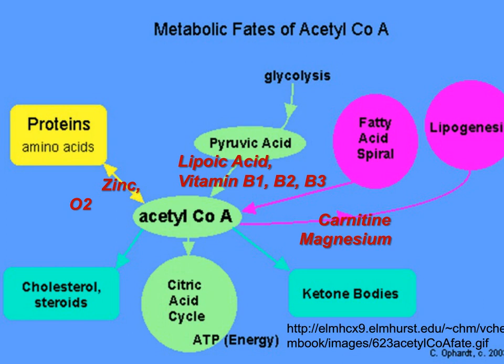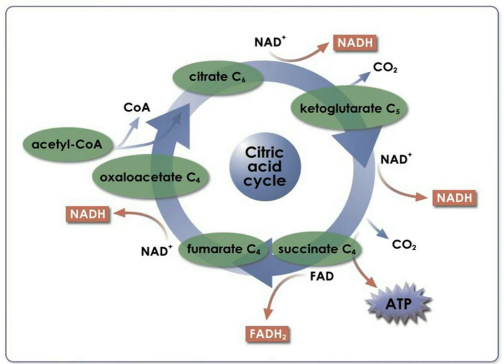We can enhance our energy production by making sure that we have adequate carnitine, for example, or if an individual is overweight and trying to lose weight, it would be helpful to make sure that that particular individual has sufficient carnitine and magnesium to facilitate fatty acid, lipid metabolism and digestion. Now, just remember what I said about acetyl coenzyme A.